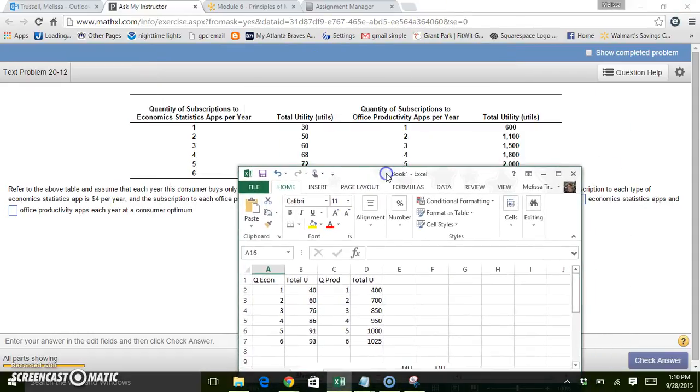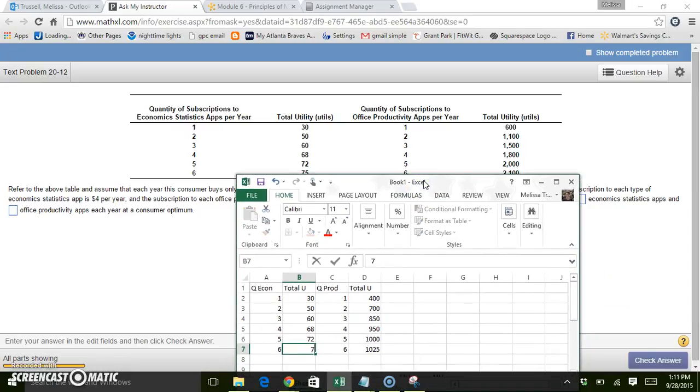Now, it looks like where I made this table, I did it for a different example. So let's fix these numbers here to match the table in this example for our total utility. 30, 50. So you can do this, like I said, in Excel or on your sheet of paper. 30, 50, 60, 68, 72, and 75 are our total utilities for the econ.